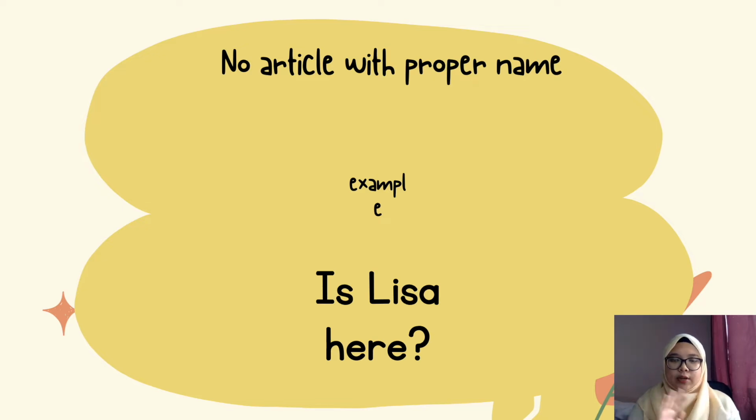So the names of any rivers, any mountain ranges, any places, and also unique names, and lastly instruments will be used with the. As an example, previously the earth is round, so we have the word earth, and we put the beside the earth.